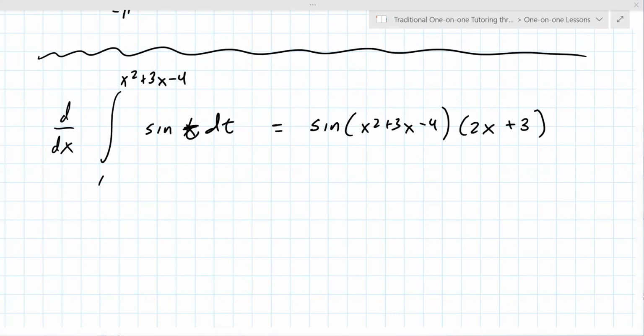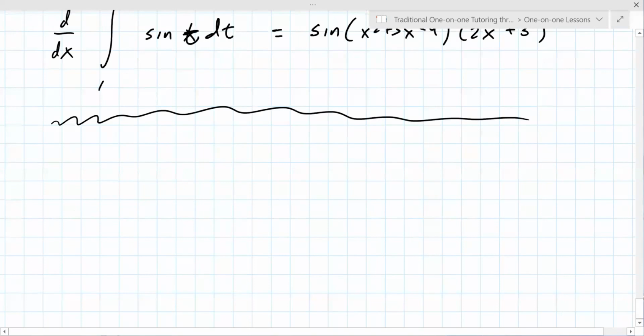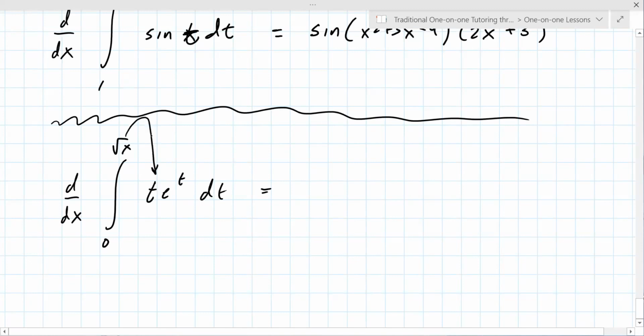Yes. Okay, so we're not going to keep doing this kind of example because we need to move on to other variations. The other variation is, what if there's more than one variable? Well, you do the chain rule thing: you put it in both places and you still have to multiply by the derivative.